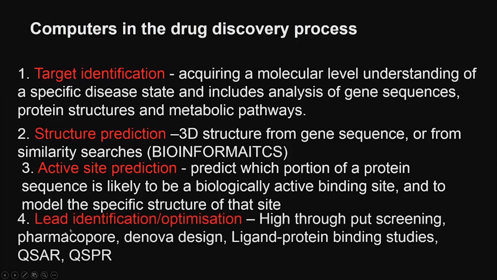Then lead identification and optimization using pharmacophore models, de novo design, ligand protein binding studies, QSAR, that is quantitative structure activity relation, and quantitative structure property relation, all the lead identification and optimization techniques. Then toxicity prediction.